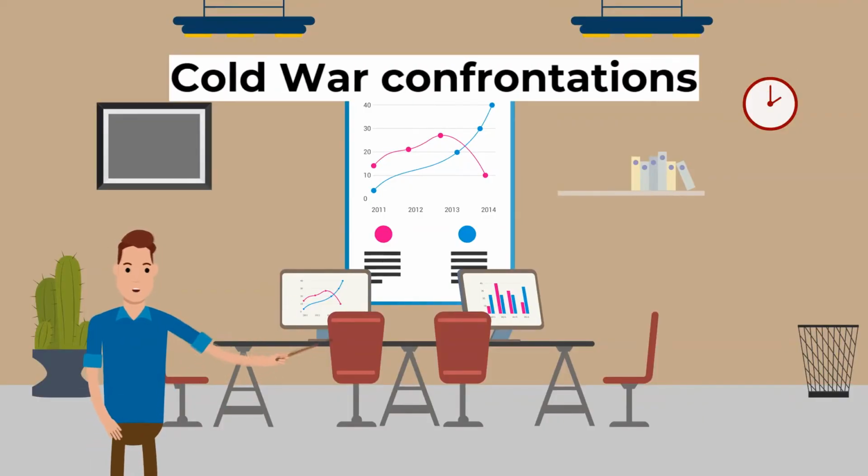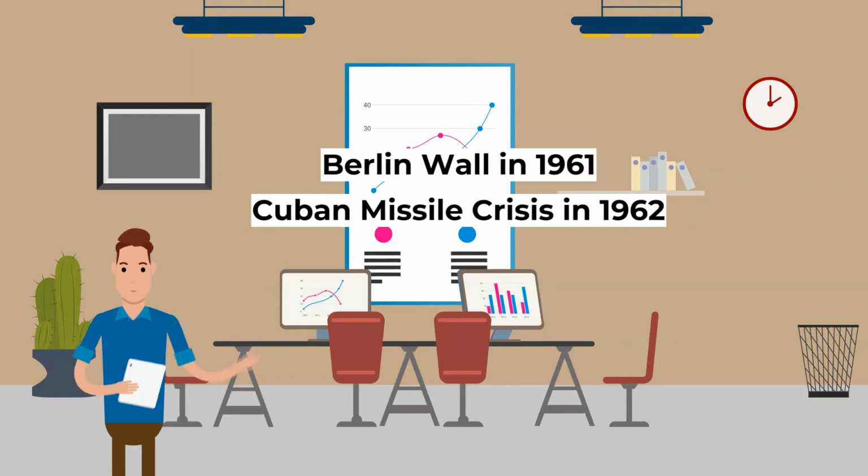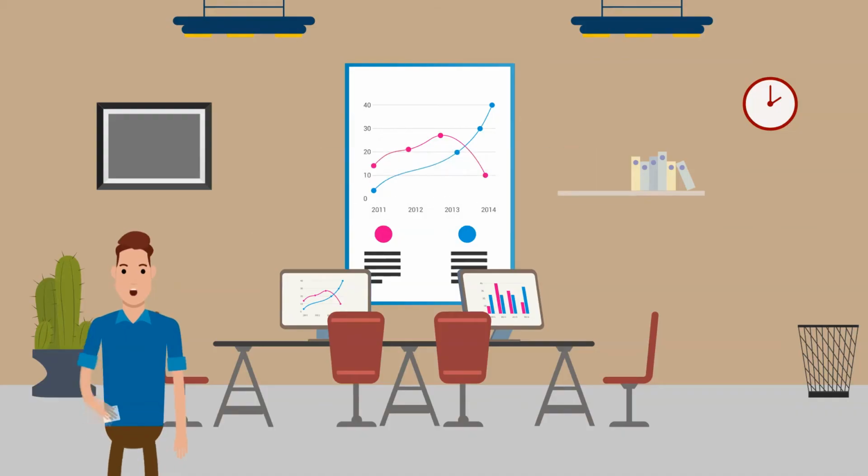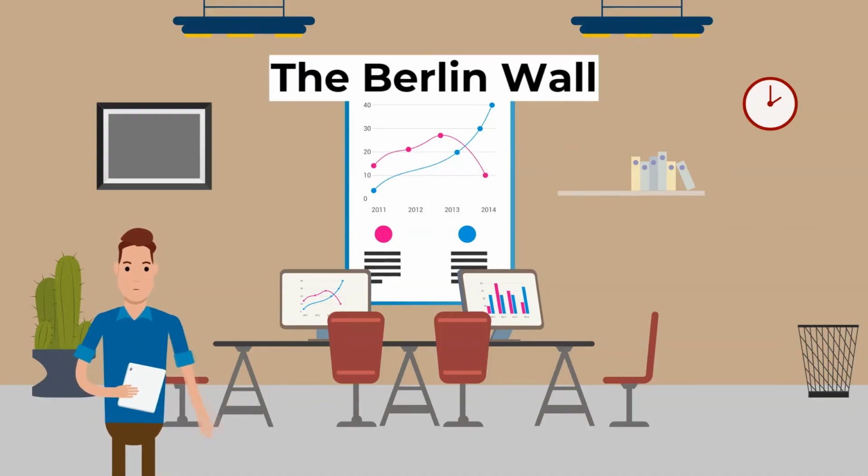Secondly, Cold War confrontations. Two key confrontations of the Cold War were the building of the Berlin Wall in 1961 and the Cuban Missile Crisis in 1962. First, the Berlin Wall. A further crisis arose in Berlin in 1961.